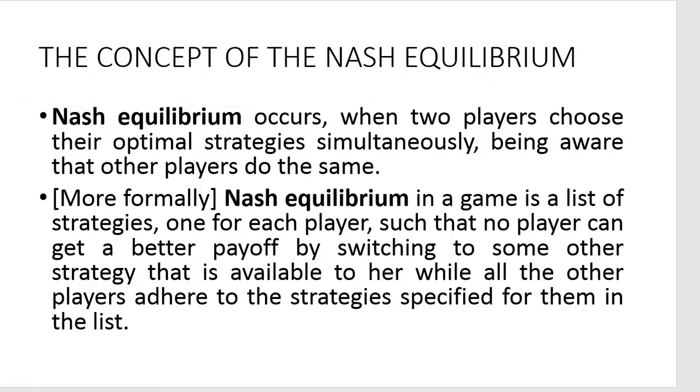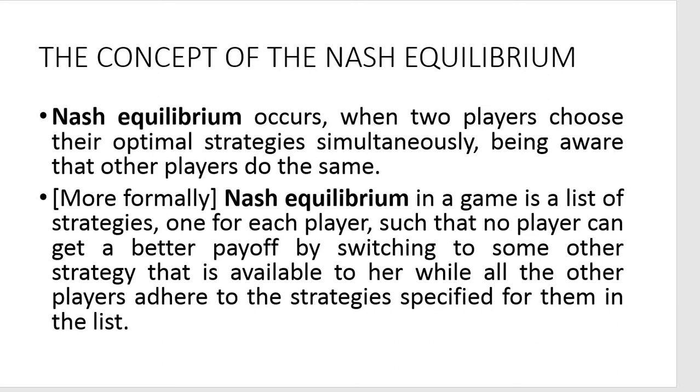Okay, when it comes to defining a solution for games with simultaneous moves, Nash equilibrium is the most frequently used concept. So, speaking informally, Nash equilibrium occurs when all the players pursue their optimal strategies, keeping in mind that other players do the same.